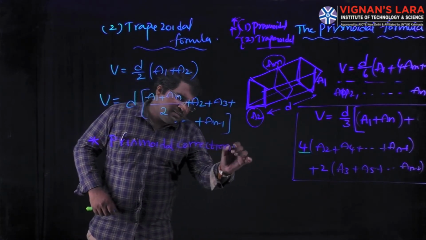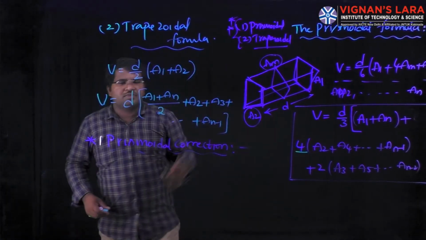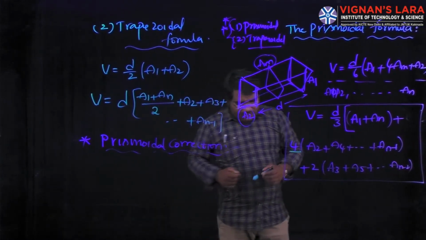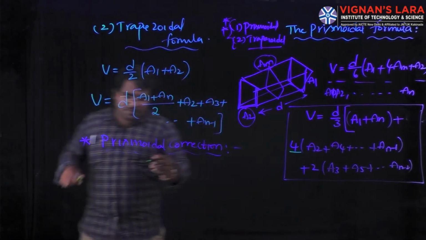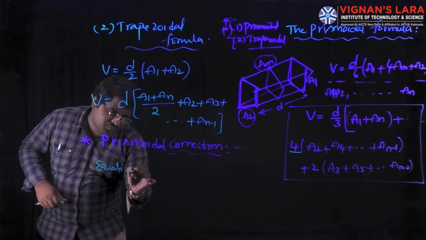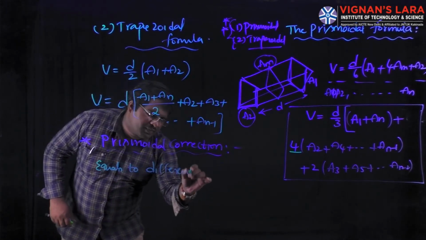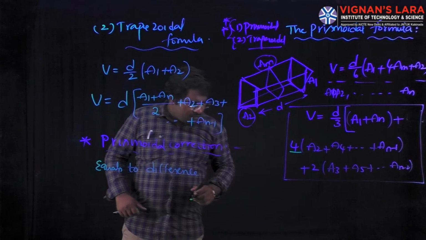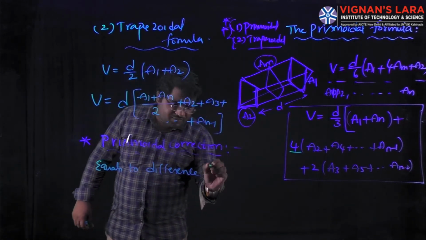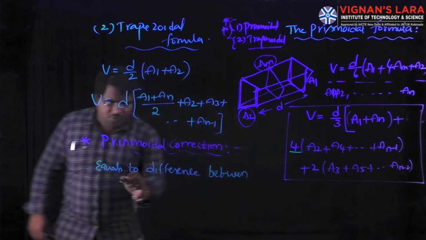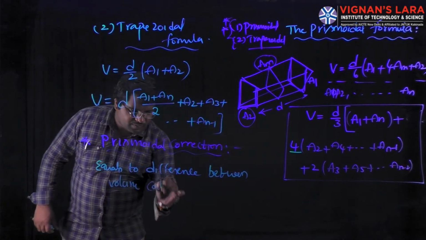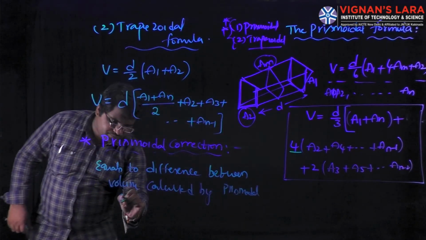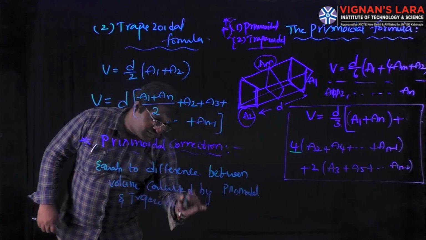Prismoidal correction is the difference between these two: the difference between the volume calculated by the prismoidal formula and the trapezoidal formula.